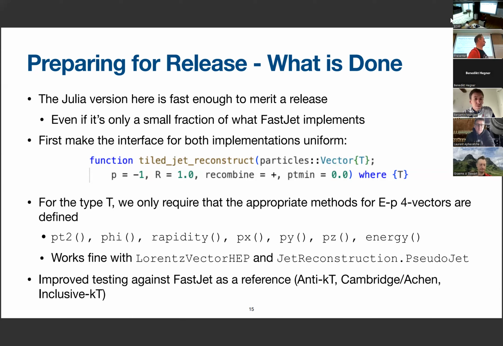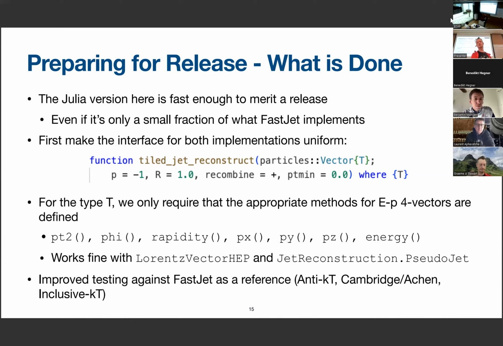I think one place where Julia is super nice is that for this type T that you pass in, you pass whatever you like, as long as I can work with it as a jet, right? Then it's absolutely fine. So you have some funky class that you're using for your particles. As long as I can look at it as a jet, I'm fine, so this is a really nice thing. In FastJet, it's actually templated, but then you would have to recompile FastJet against your type.